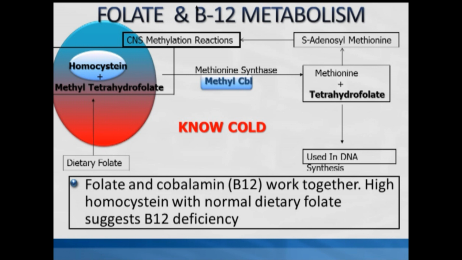Therefore, in the absence of cobalamin, or vitamin B12, we can see the reaction of homocysteine moving towards methionine getting hindered, and therefore leading to an increase in homocysteine as a result of a B12 deficiency.